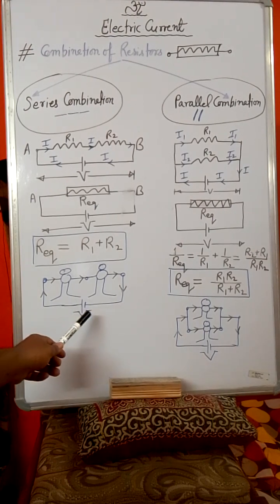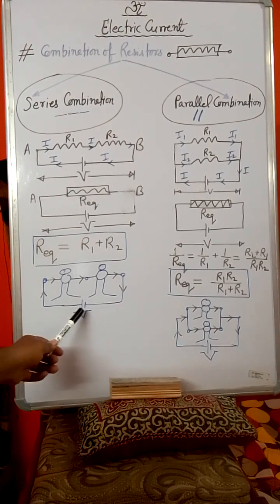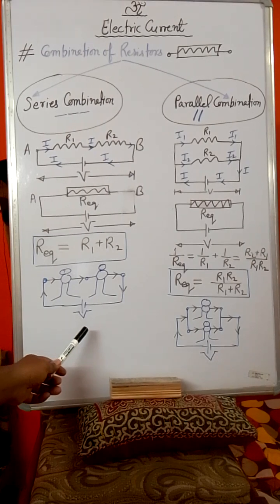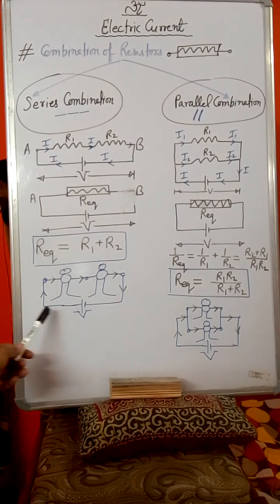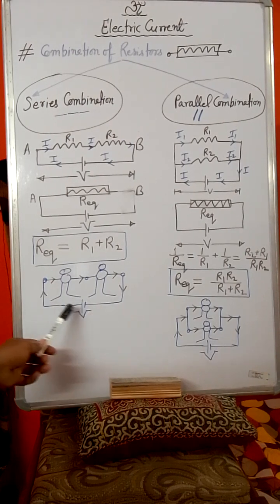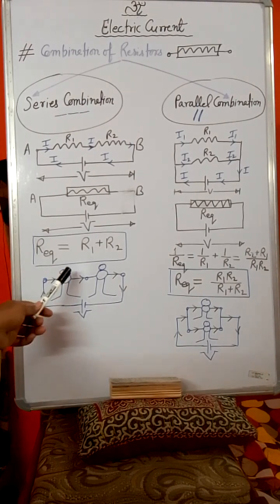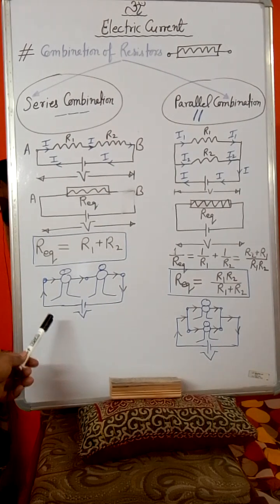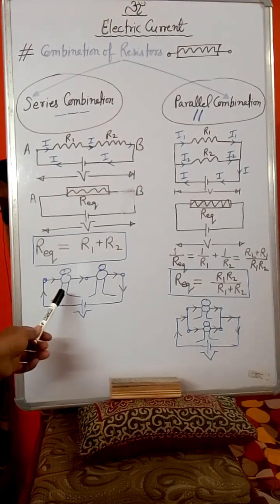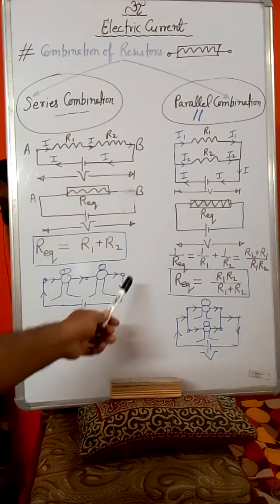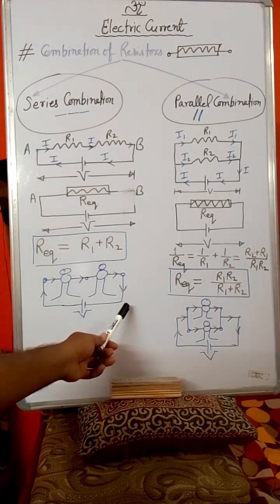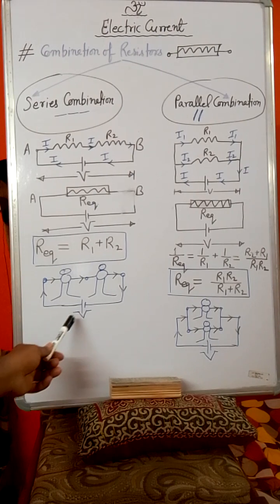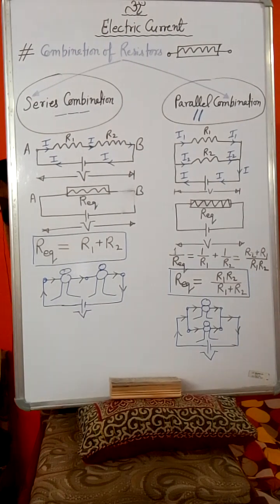Suppose a current passes from the voltage source. It goes directly to the first person, the same current passes to the second person, right? And the same current again comes back to the negative terminal of the voltage source.